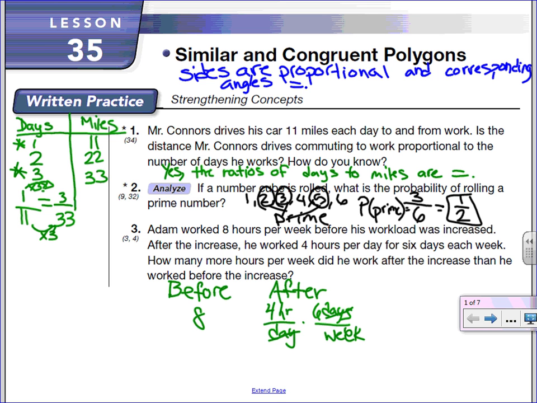So if we multiply 4 and 6, we get 24 hours per week. And remember, before we were doing 8 hours per week. So 24 minus 8 is 16 more hours per week.